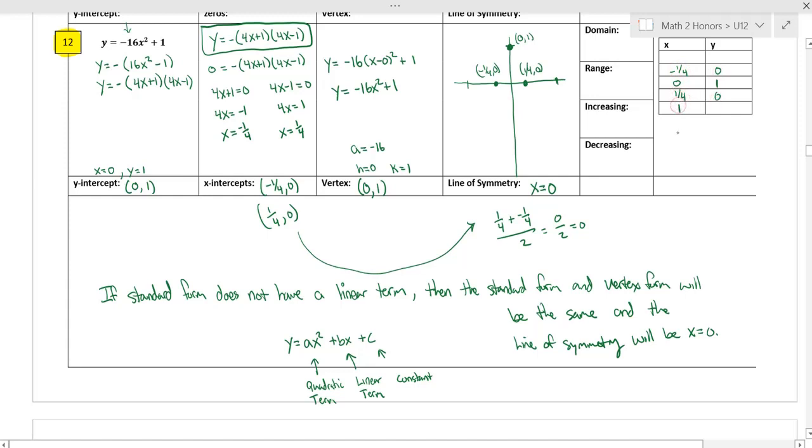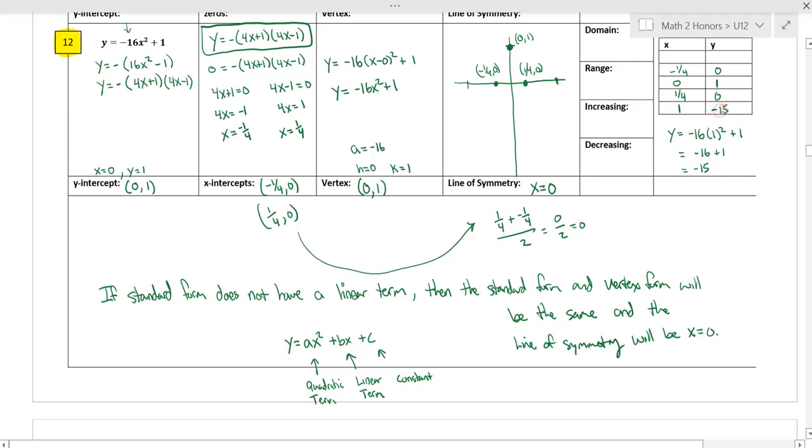I'm going to let x be 1. You can plug in anything you want for x; I'm just going to pick something small enough that I can put on my graph. If I plug a 1 in, using standard form, I get y equals negative 16 times 1 squared plus 1, which is negative 16 plus 1, which is negative 15.